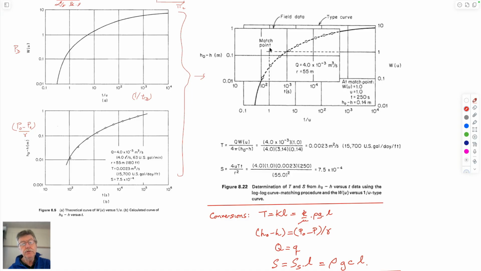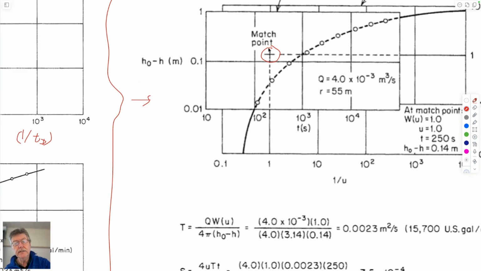And then you choose what's referred to as a match point. A match point is where you have a convenient value of these dimensionless parameters. So this is 1 over TD, and this other curve was what we call PD, P sub D. On this lower one, that's on this curve, and these are the data on this curve.